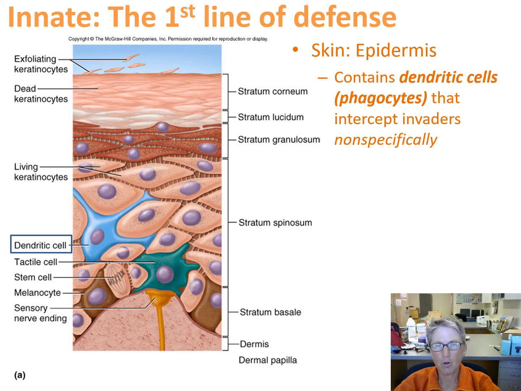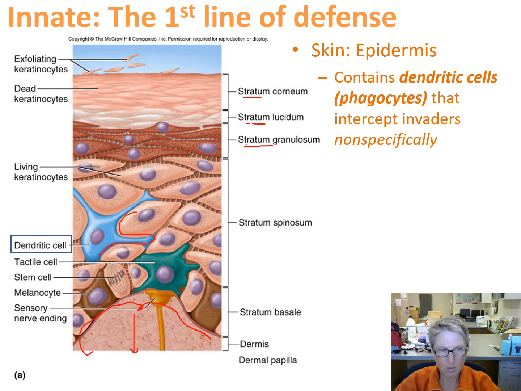This is just a cartoon of the epidermis in a little more detail. Down here, this is all dermis, and this is an enlargement of the cartoon of the epidermis. And you learned all this in 201, all these strata, plural. Within the epidermis, you have these cells called dendritic cells.